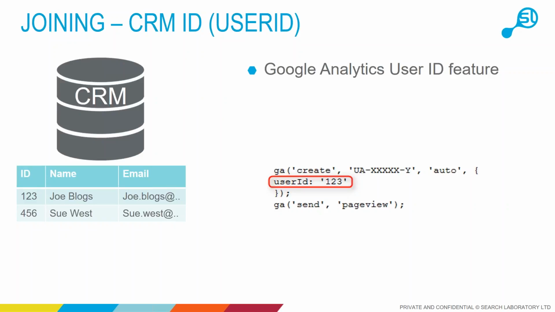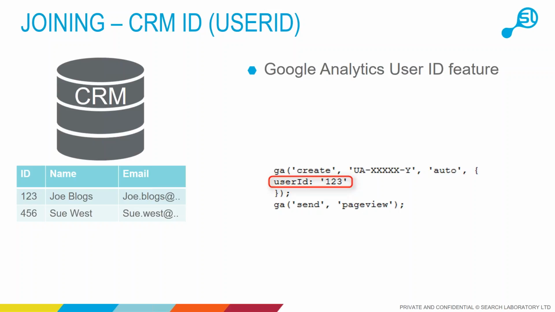Okay, so the example I've just explained relates to the client ID. There's an alternative way of linking offline stuff with online activity, and that's what's called the user ID feature. This is basically using your internal ID within your CRM.